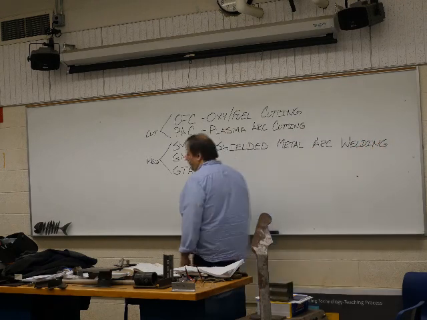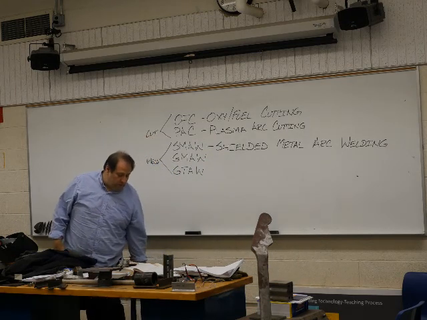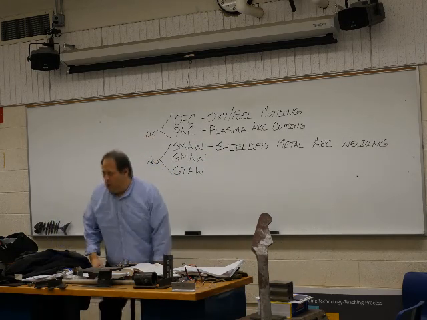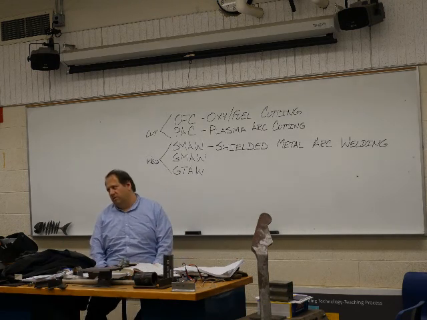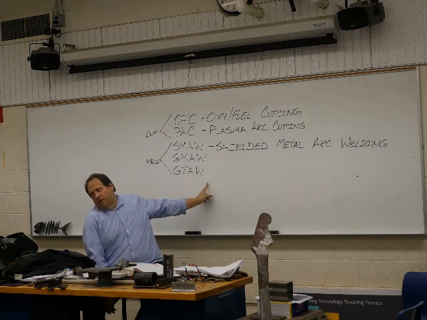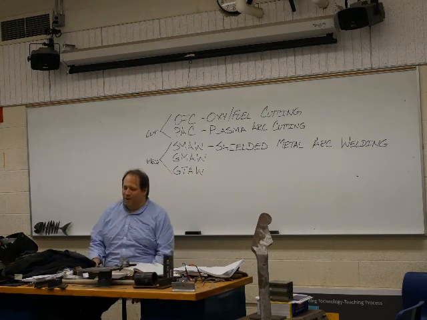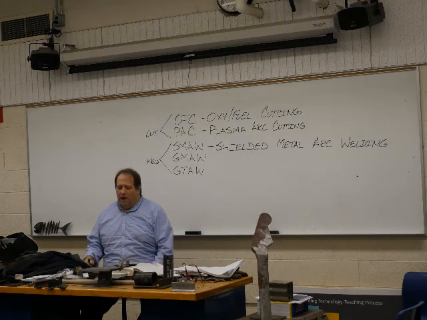Shielded metal arc welding. A lot of people say, what kind of welding can you do? I arc weld. Well, that's kind of hard to differentiate, because guess what? This is also called arc welding. This is also called arc welding. So they all are called arc welding. So it's really not a distinction.